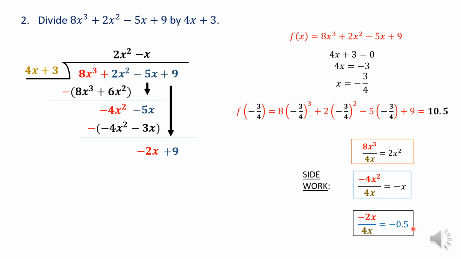I'm going to get negative 0.5, or negative a half. All right, so I'm going to put that decimal up there. Now you can multiply negative a half times 4x, and you're going to get negative 2x, and negative a half times 3 gives you negative 1.5. And now you're going to subtract, and you are left with 9 minus negative 1.5, which is the same as 9 plus 1.5, which is 10.5, the same answer that we got when I was applying the remainder theorem.